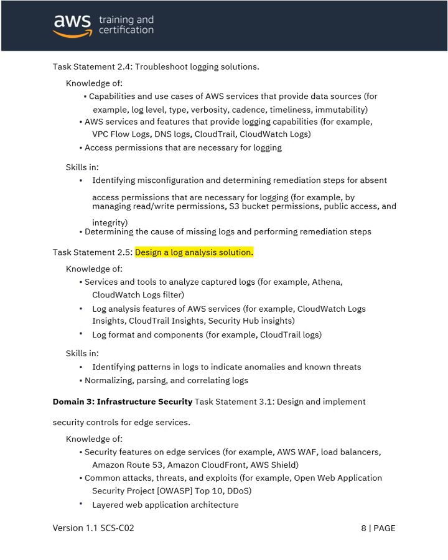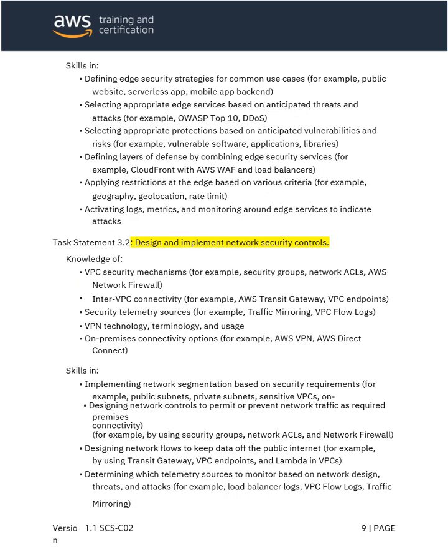You should understand what WAF is, how WAF works, what the load balancers are, how Route 53, CloudFront, and Shield work, what the common threats and attacks are, what a DDoS attack is, and how a layered web application architecture works. Knowledge of all these services is required.